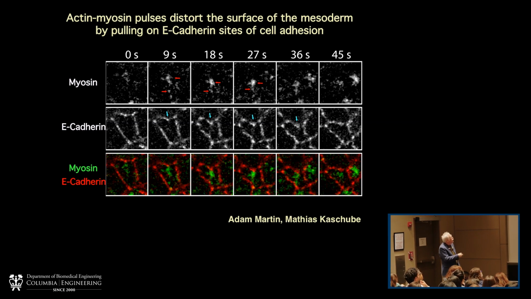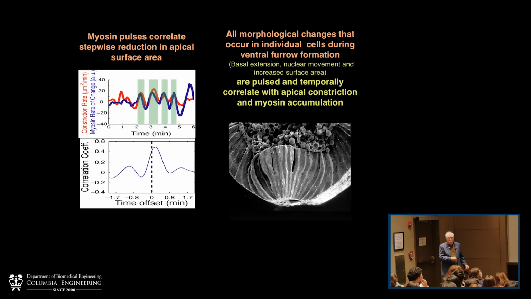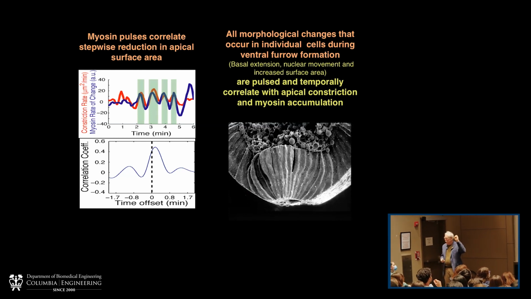What we see here is the apical surface corresponds to this pulsing pattern of myosin, and that as myosin accumulates, that correlates with a reduction in apical surface.